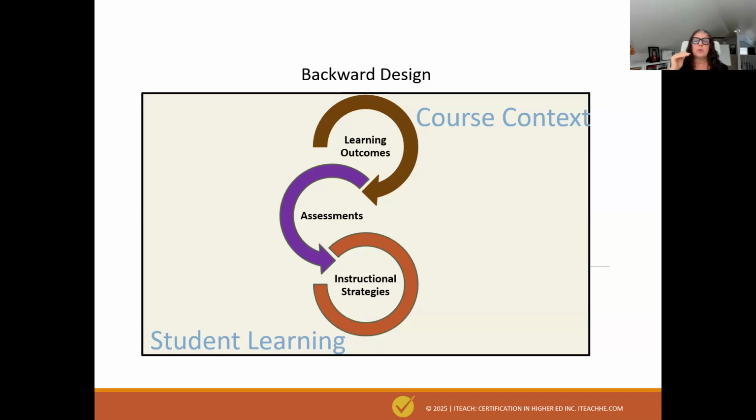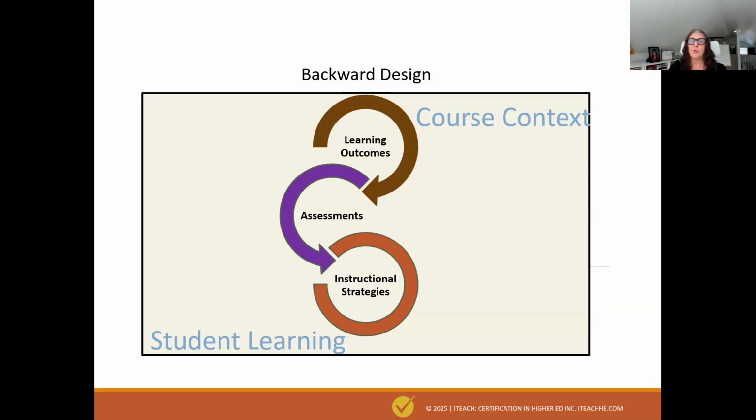Then after those two are done, then you design the instructional strategy. So it isn't until then that you decide how you are going to have your instruction designed to support students reaching those learning outcomes.